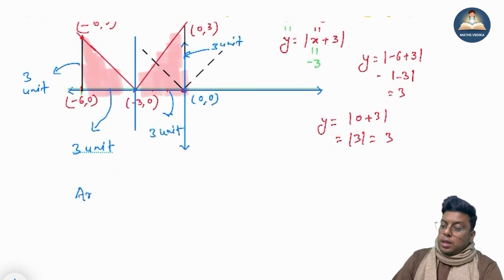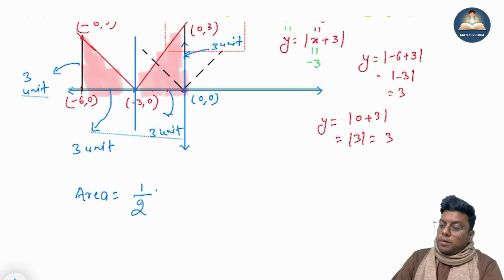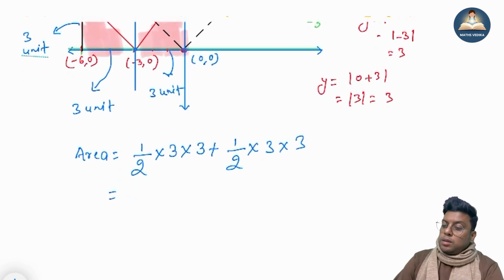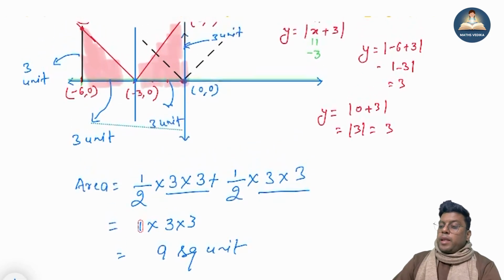So the area will be equal to the area of both these triangles: half into base into height plus the area of the second triangle, half into base into height. So this is 1/2 × 3 × 3 + 1/2 × 3 × 3, which equals 9 square units.